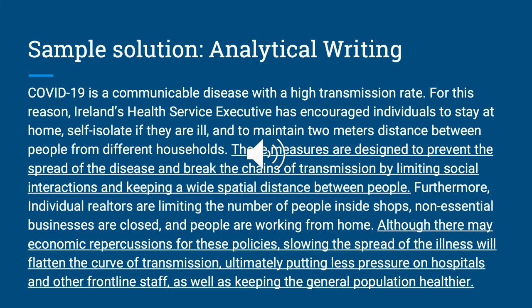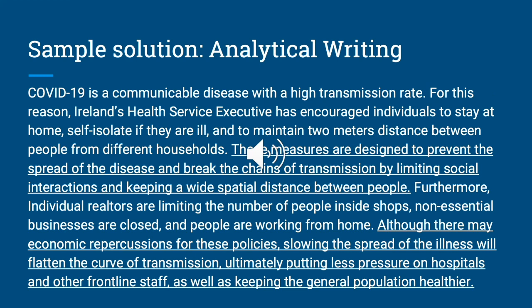It's the same with the final two sentences, which again talk about the fact that individual retailers are ensuring that there are fewer people in the shops, that non-essential businesses are now closed, and that people are working from home. That's purely informative.